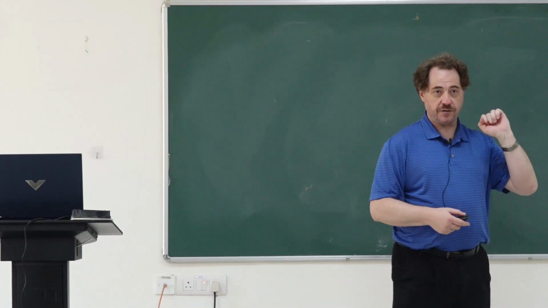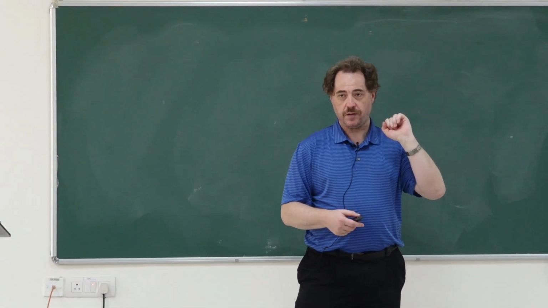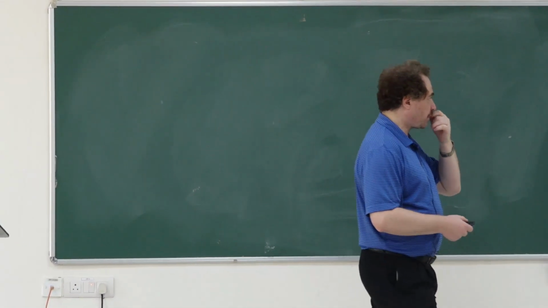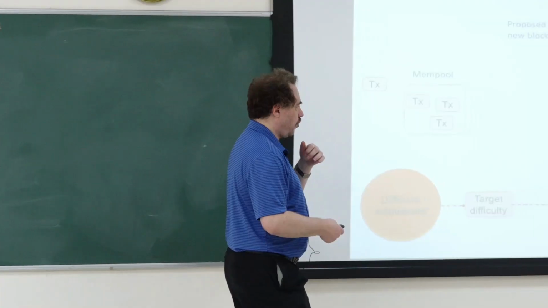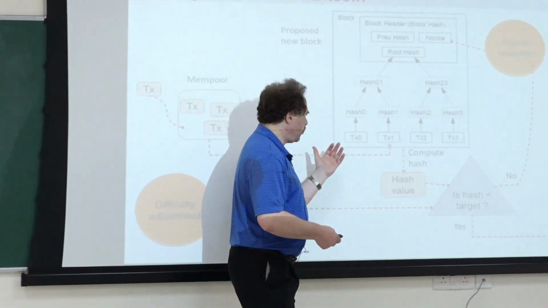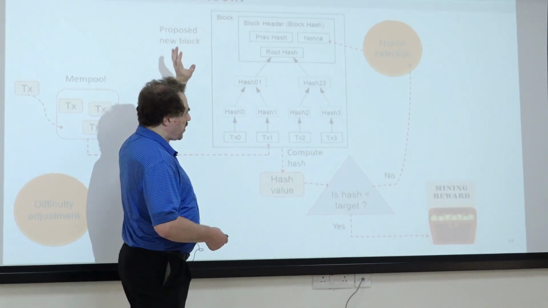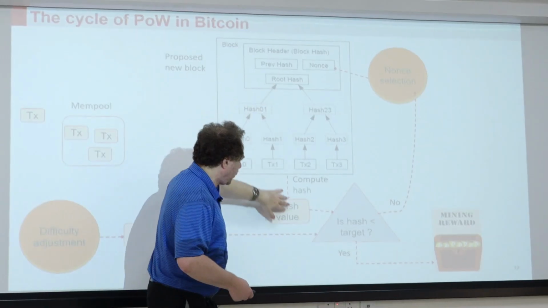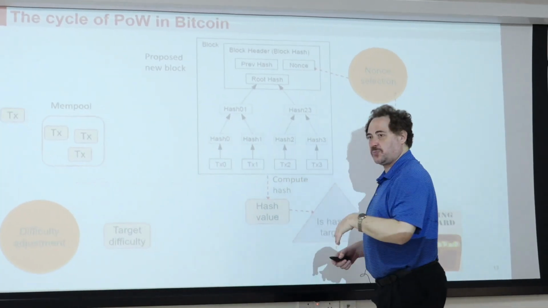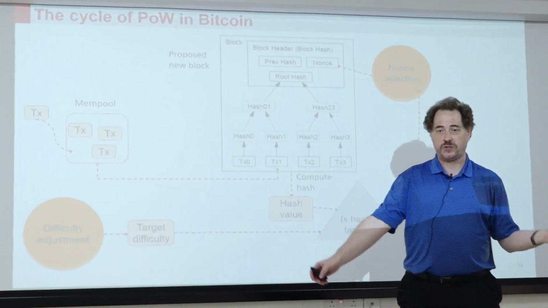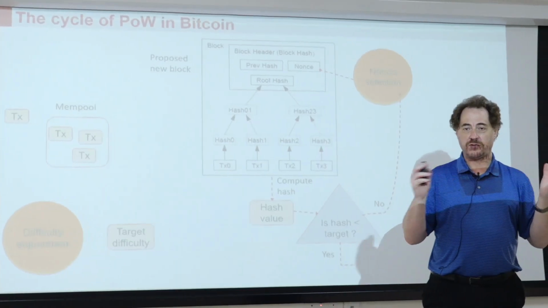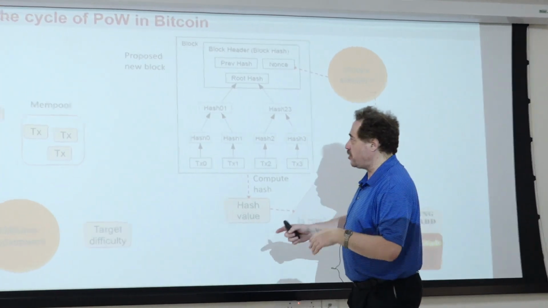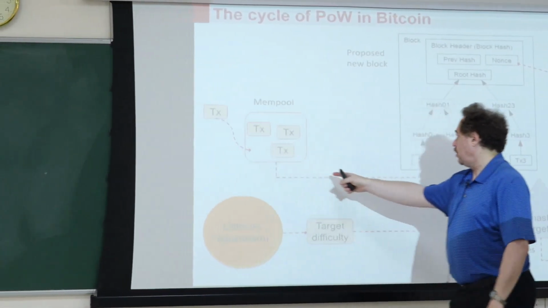The second question you can ask is: suppose I started this loop, right? I have already explored a significant fraction of the nonce space. I have not found a solution yet. At this point, new transactions come.